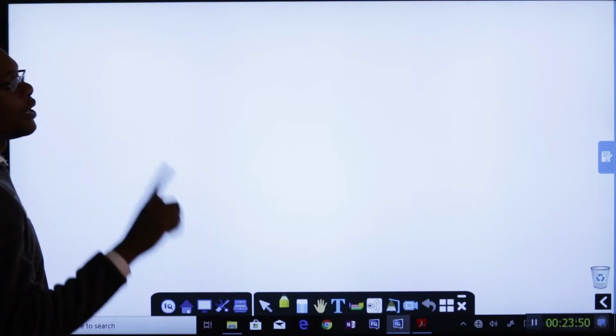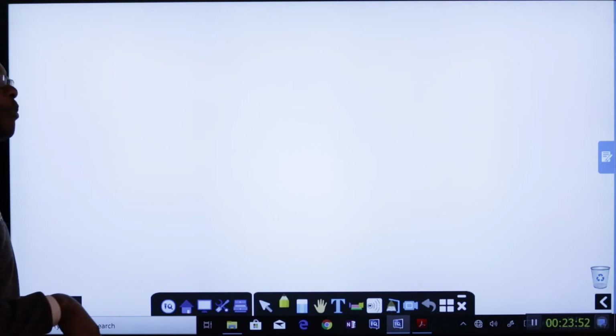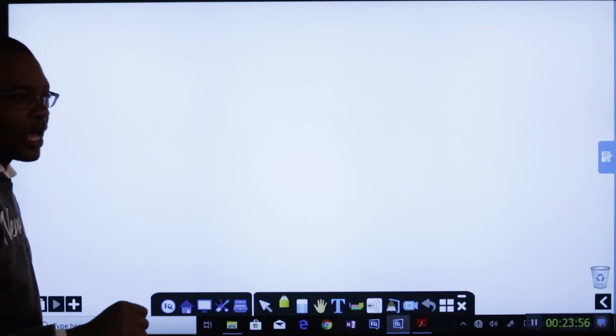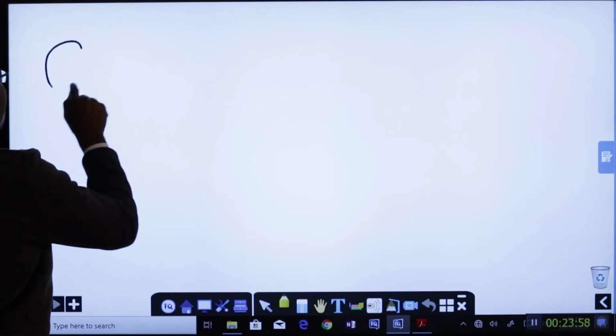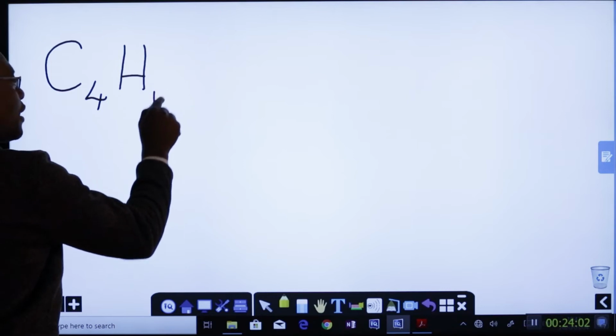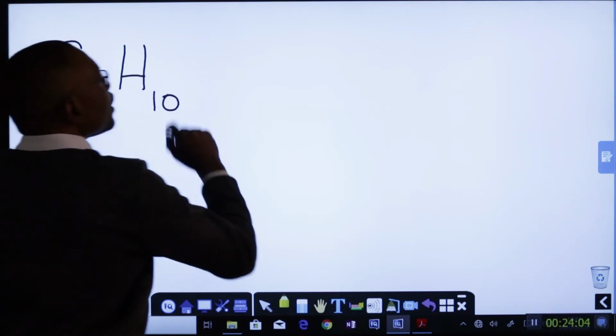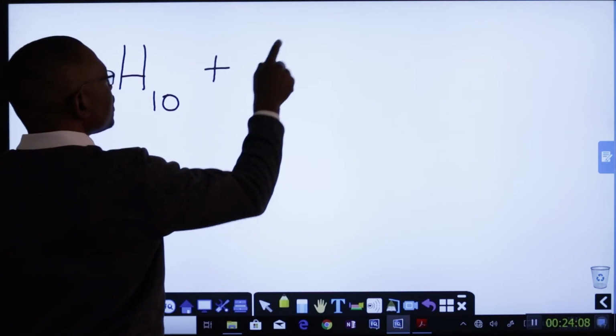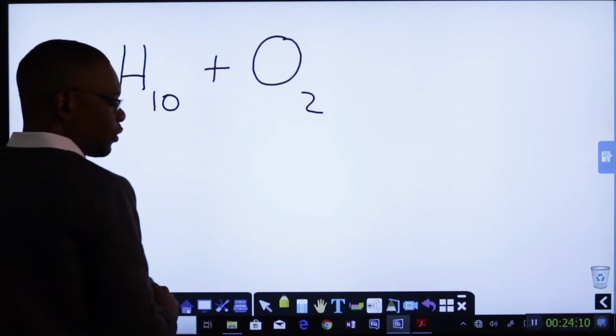So we saw that compound A, it's a 4-carbon chain of a saturated hydrocarbon. So we can write it down as C4H10, like that. And then if it is going to undergo combustion, it means that it's reacting with oxygen, it's burning.